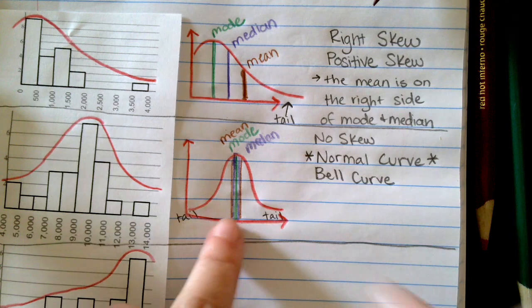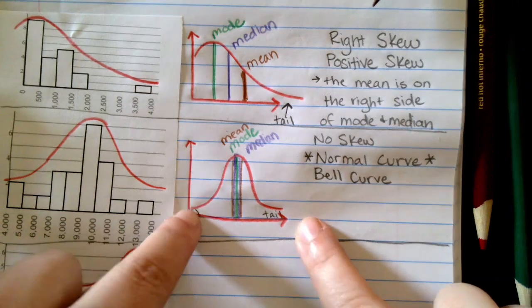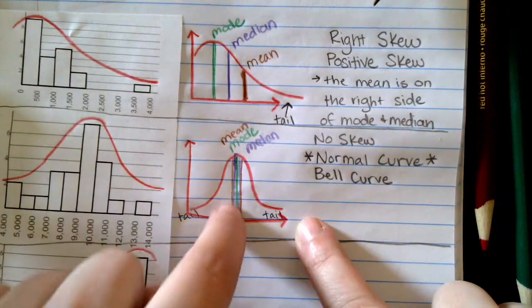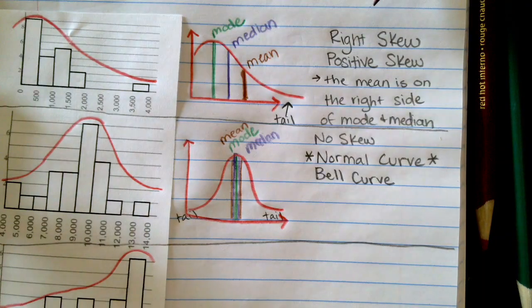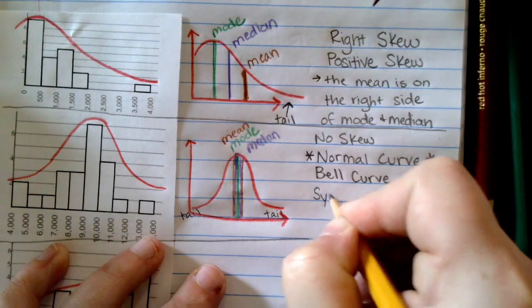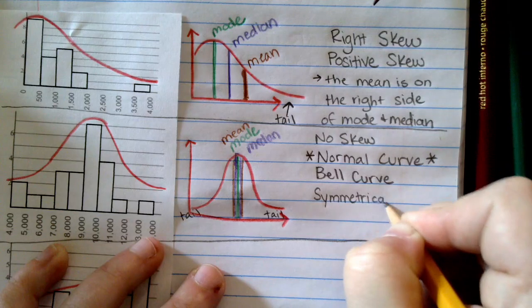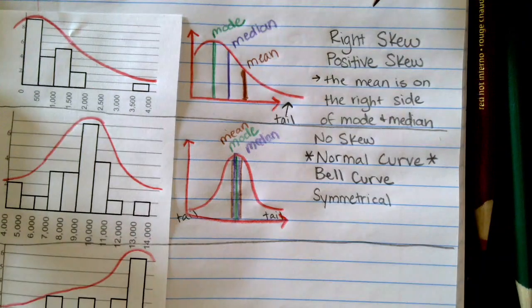Generally in this class we're going to call it a normal curve. 9th grade algebra, intermediate algebra, whatever grade you're in, doesn't matter. The big thing about this normal curve that we want to make sure we note is that the mean is the same as the mode, which is the same as the median.